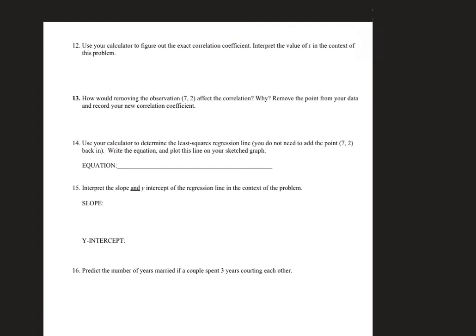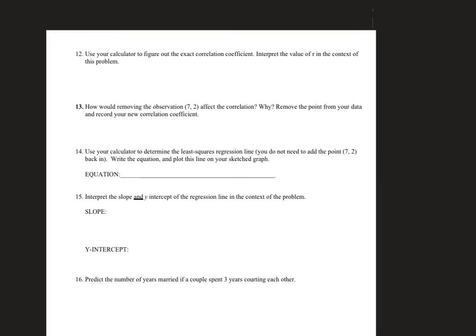All right, number 12, it says use your calculator to find the exact correlation coefficient. We're going to interpret the value of r in context. I kind of already did that. But when you have the outlier, the correlation coefficient is 0.37.